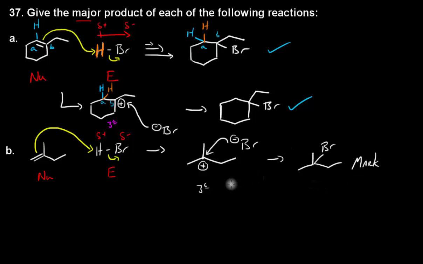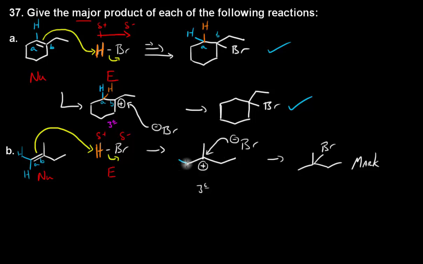Because what we ended up doing was we put this hydrogen on the carbon that had already the most number of hydrogens. So again, this is carbon A, this is carbon B. Carbon A has 2 hydrogens, and now what we're doing is we're adding a hydrogen, the orange hydrogen, to that.